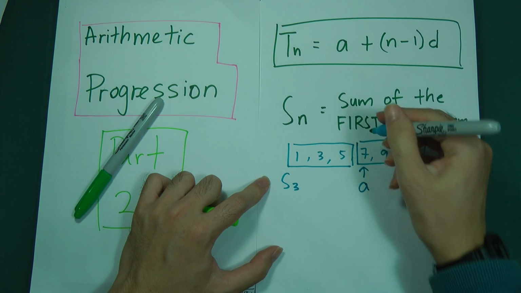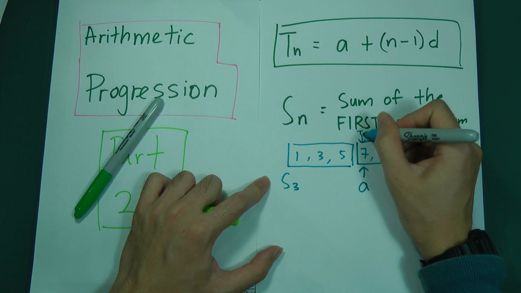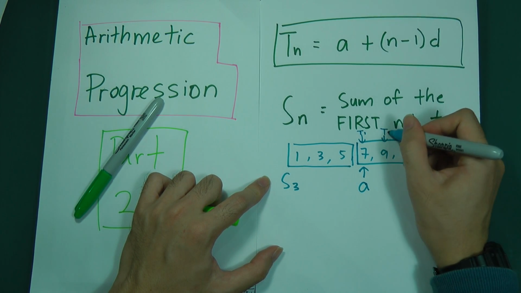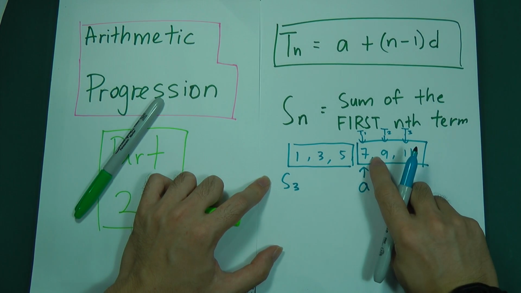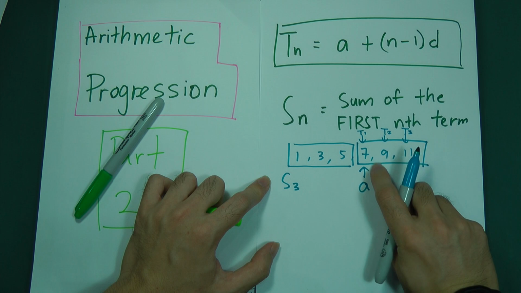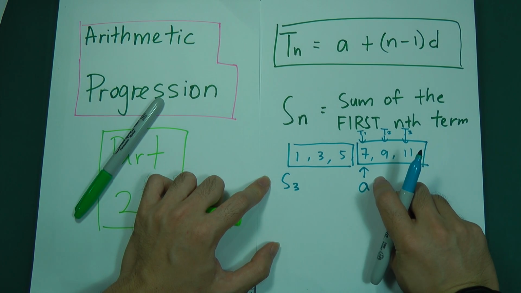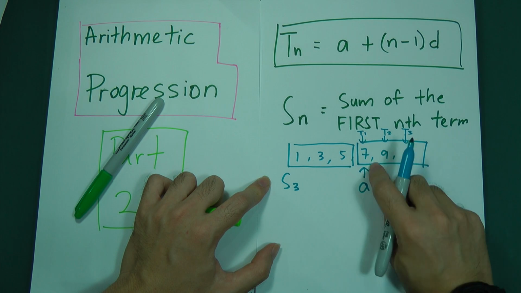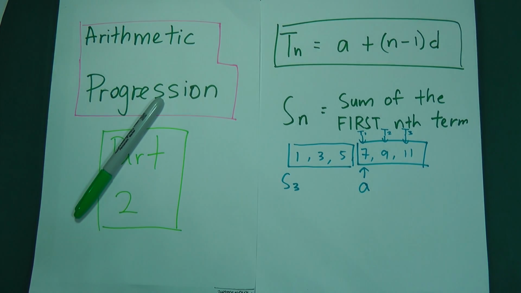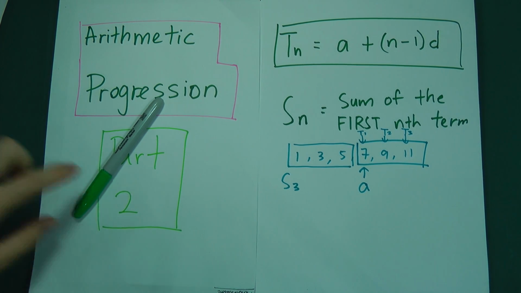You assume this is the first term, this is the second term, and this is the third term. But most of the time you do not know about this term. I will explain this more in the third video, part 3.